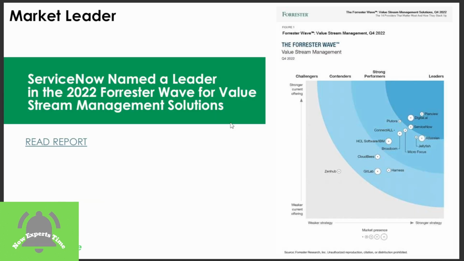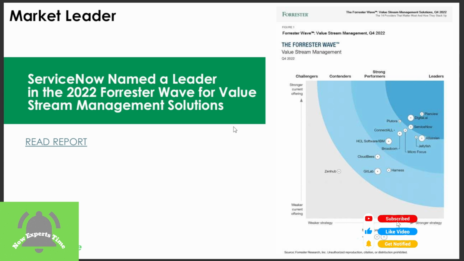And the next thing is, when we talk about the ServiceNow enterprise change management solution or automated change management solution, first we ask the question: are we a market leader? Does ServiceNow have that much maturity in DevOps Change Velocity?